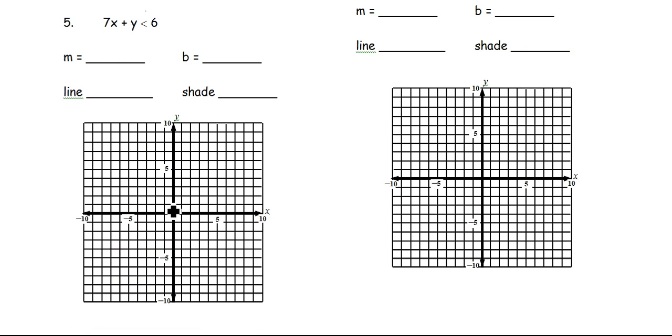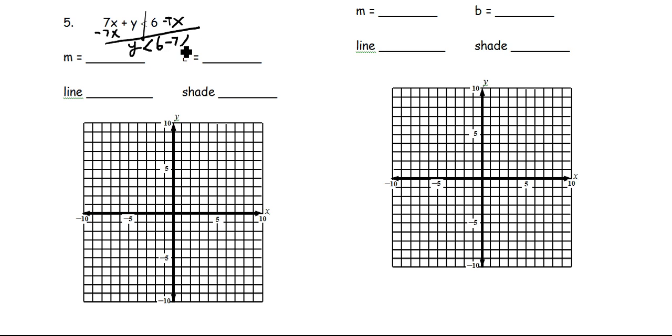All right, back to graphing. Okay, so on number 5, we're going to practice the skill that we just had, and we end up with, if you subtract 7x here, subtract 7x there, you end up with y is less than 6 minus 7x.